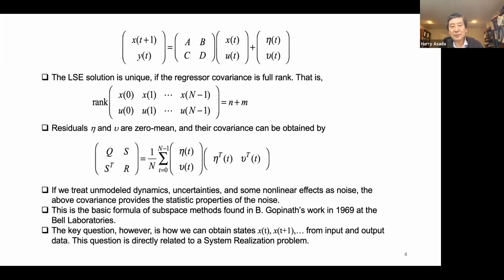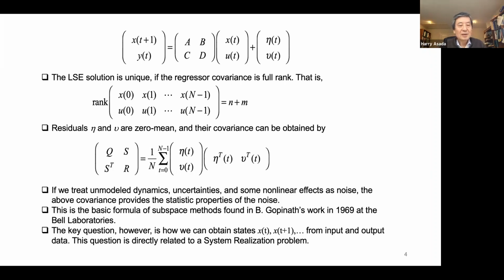So we need a little bit more careful treatment in that. But basically, you can get some information as to the statistics of the unmodeled part. Okay, so this is a wonderful method. As long as you put together the data, you can get the ABCD in one shot.